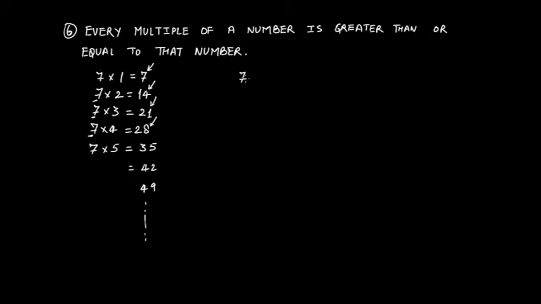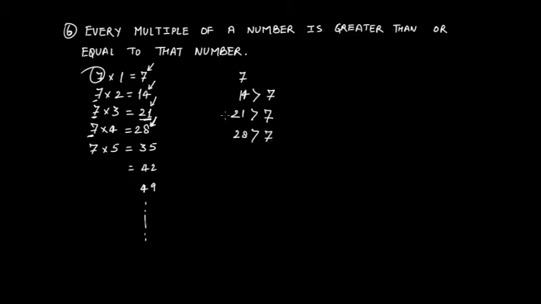So 7 is equal to 7, but 14 is greater than 7, right? 14 is greater than 7. 21, which is a multiple of 7, is greater than 7. 28, that is a multiple of 7, is greater than 7.